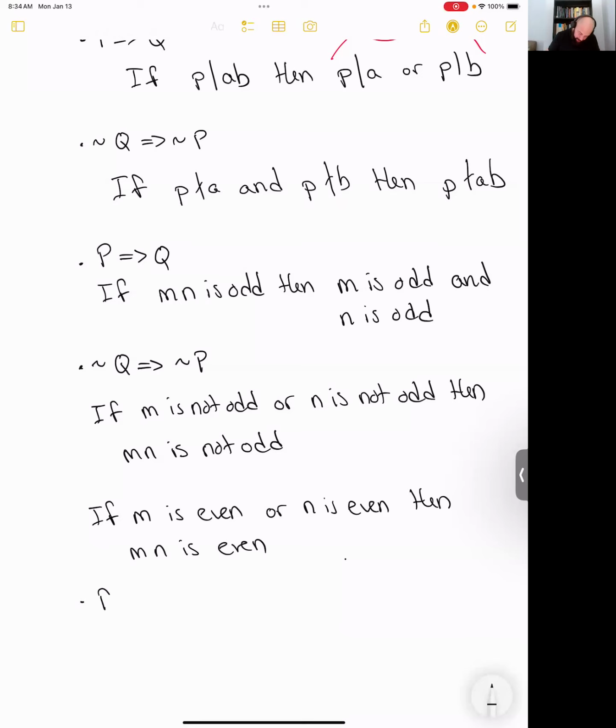Okay, let's just write down one more example. If n squared minus 4n plus 7 is even, then n is odd is the implication.